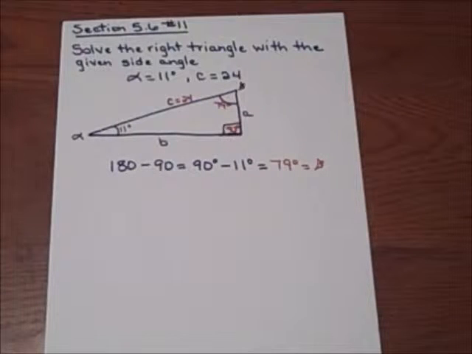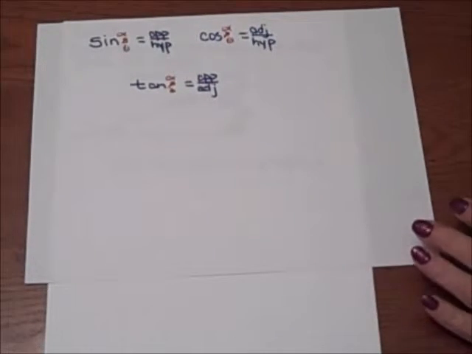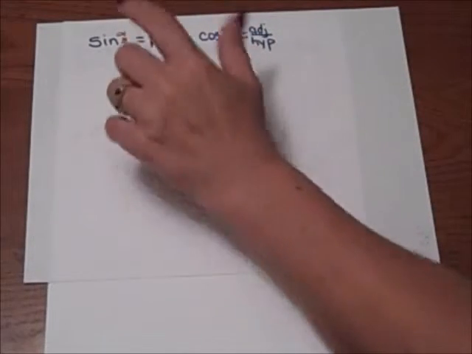Now we need to find the lengths of the sides A and B. And to do this, we will use our trig functions. You should know these trig functions at this point, but I've written them down very quickly. In this case, we're going to be using trig functions for alpha and beta.